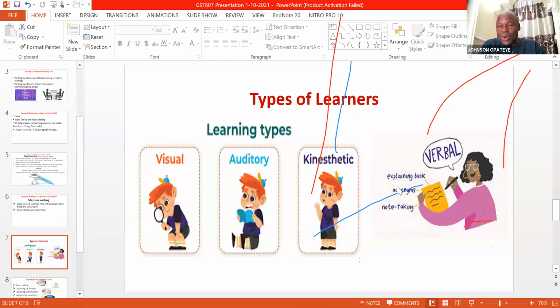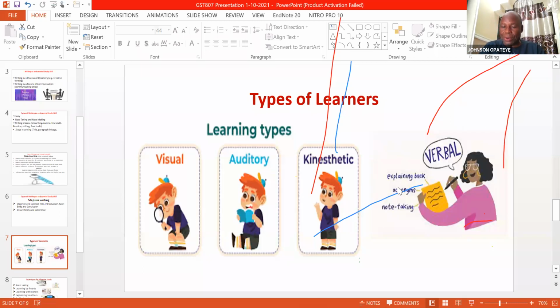That alone cannot do. You have to practice it. So she says she likes practicing something. If your area of study involves practicalizing, experimenting, demonstrating, then you have to be a tactile learner.